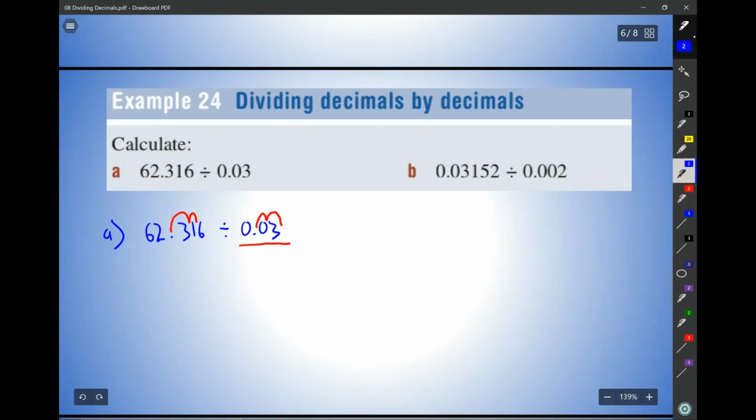So these 2 numbers will change from 62.316 to 6231.6 divided by 3. And now we follow the same process as before.